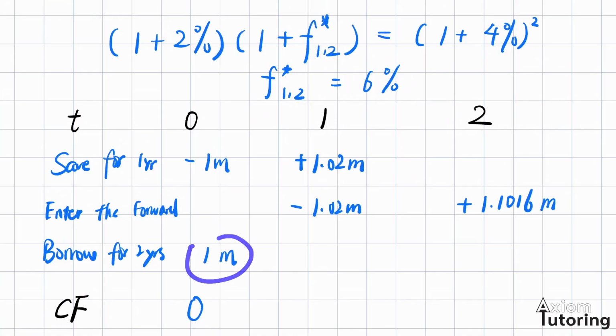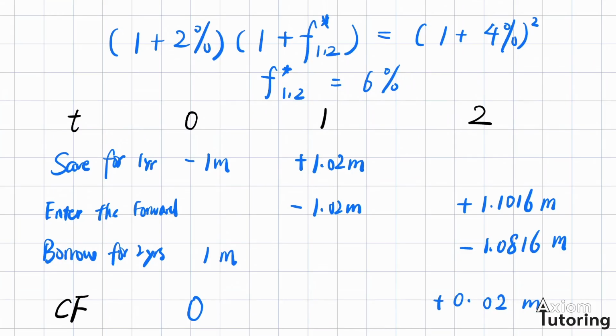In 2 years' time, that's 1.04 to the power of 2, so I pay back 1.0816 million. Now we can see we have made a positive profit of 0.02 million, and that is our arbitrage portfolio.